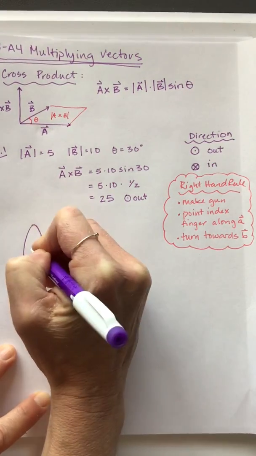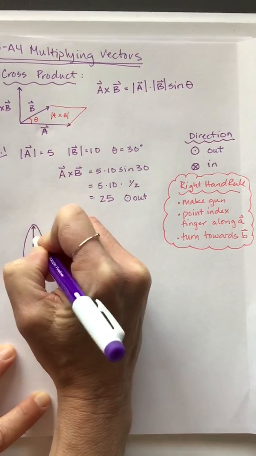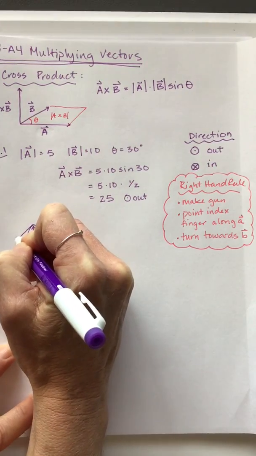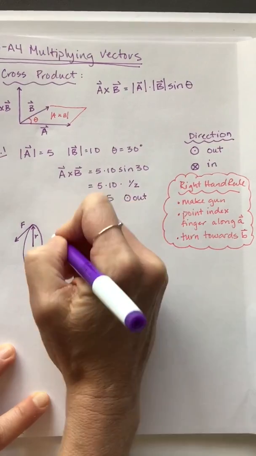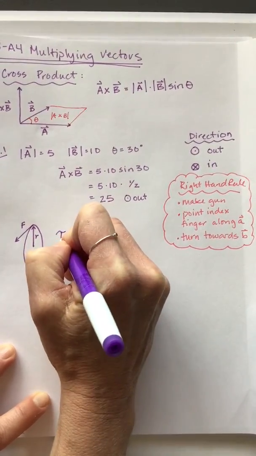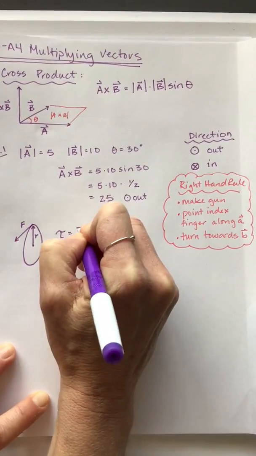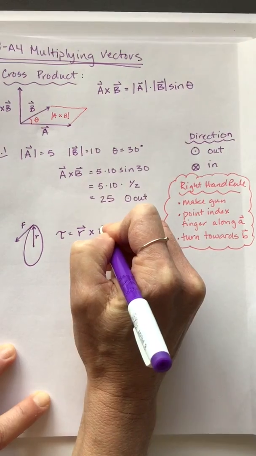So let's say you have a wheel like this. You've got your radius R, and let's say you're spinning this direction, and your force in this direction. So torque, they use this cool Greek letter, torque is equal to that radius vector crossed by your force vector.